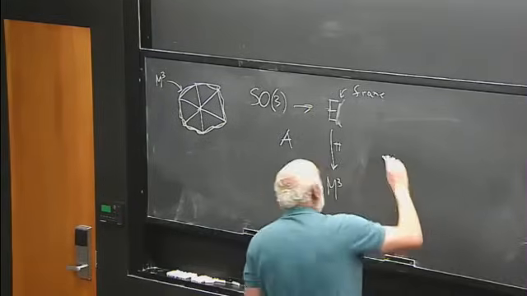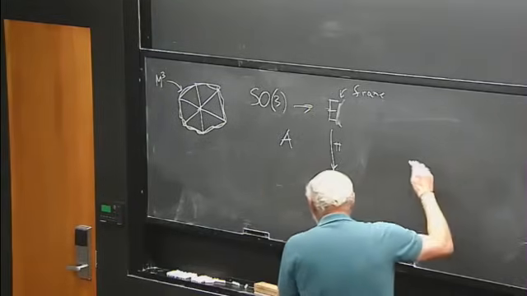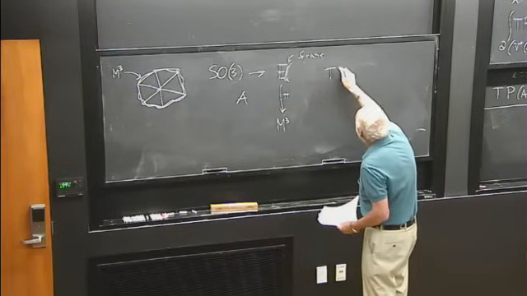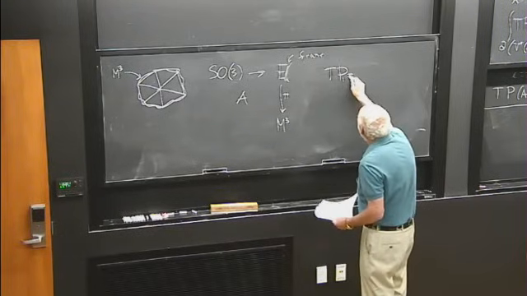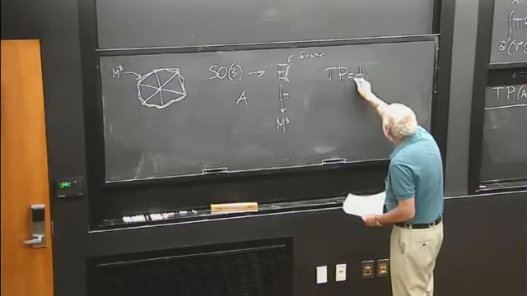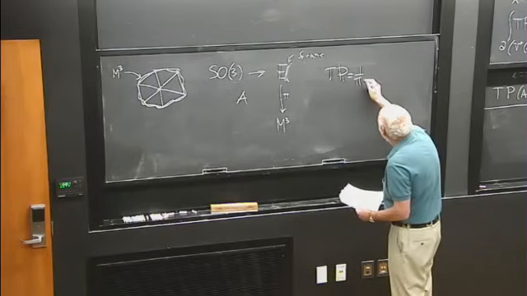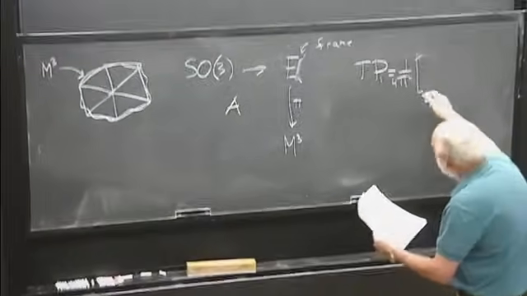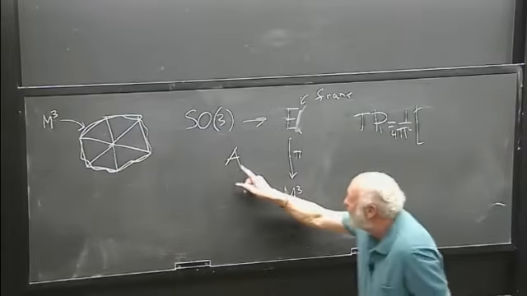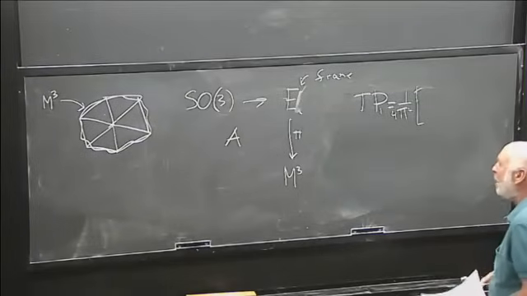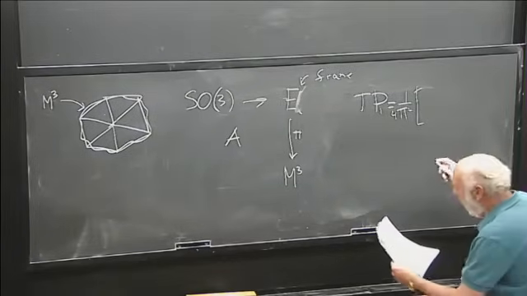For the first Pontryagin class, TP1, that's equal to 1 over 4 pi squared times, now I'll really break this up because this is just a skew-symmetric matrix valued thing, and I'll write it in the way that I originally saw it.